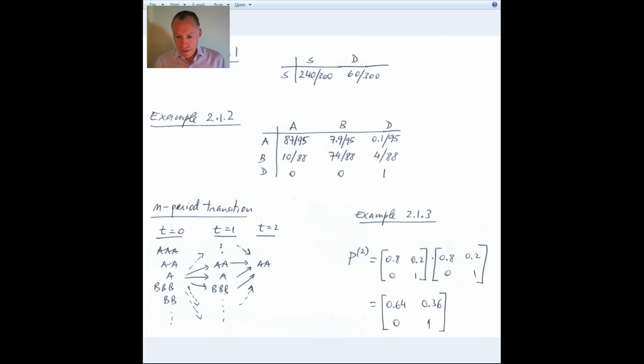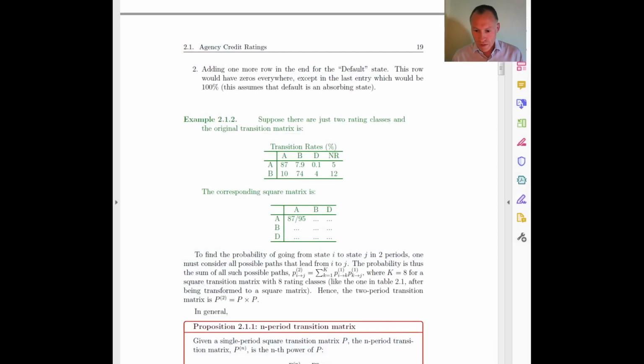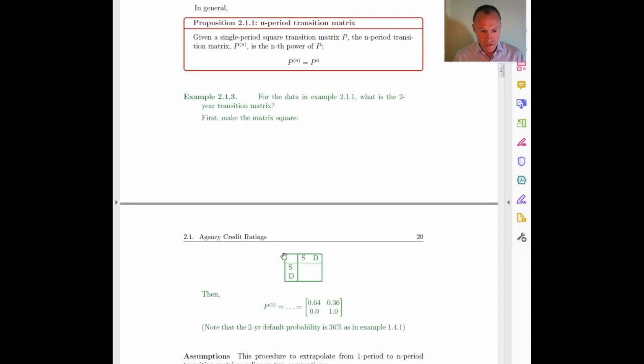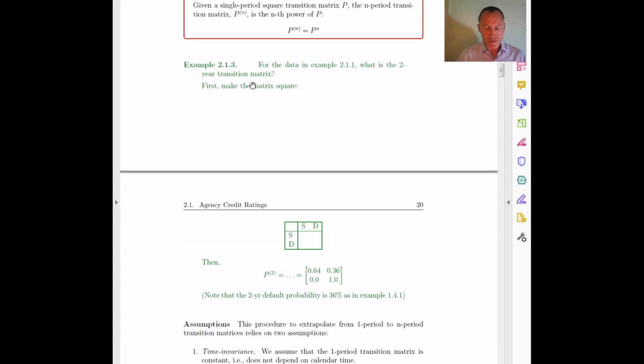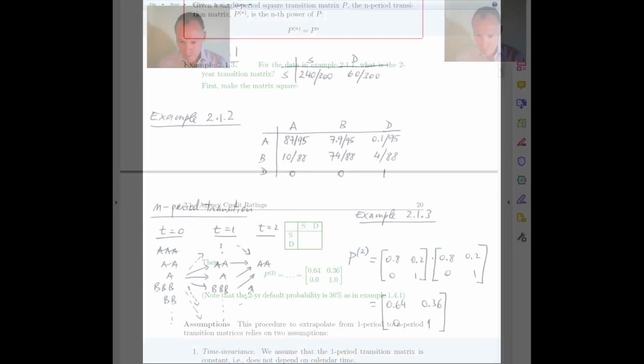To make this clear in a smaller example, you have this small example here where we just have, again, 2 states, either survival or default, using the data from that example we did before. Let me go back to the solutions.